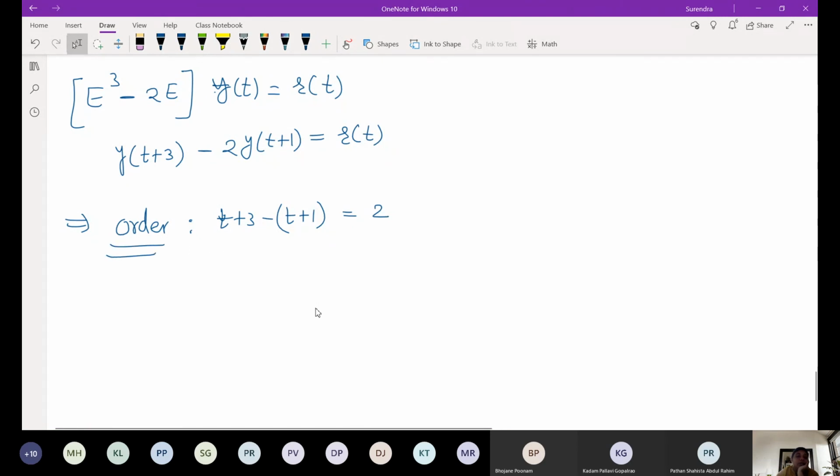So whenever I want to find the order of the difference equation, I need its general form in terms of arguments, not in terms of E or delta. Is that okay? Yes, ma'am. Which is of order 2.